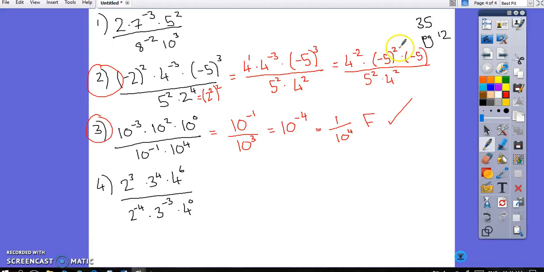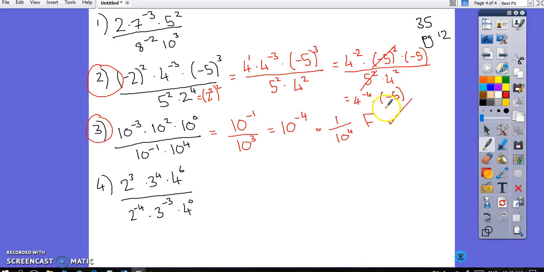Now negative 5 squared is going to be exactly the same as 5 squared, because if I square this, then the minus comes away, because minus times a minus is a plus. So these two can be cancelled. Then I have 4 to the power of minus 2, take 2, because I'm dividing. So I have 4 to the power of minus 4 times negative 5.